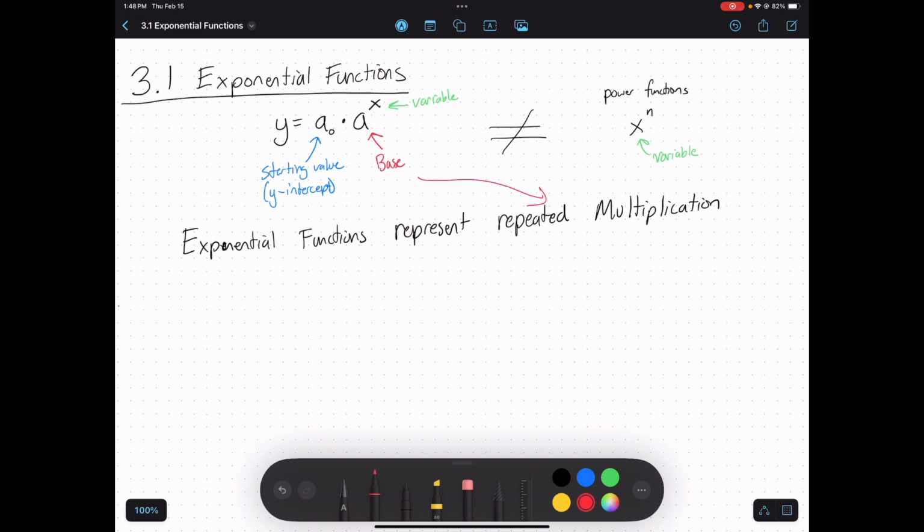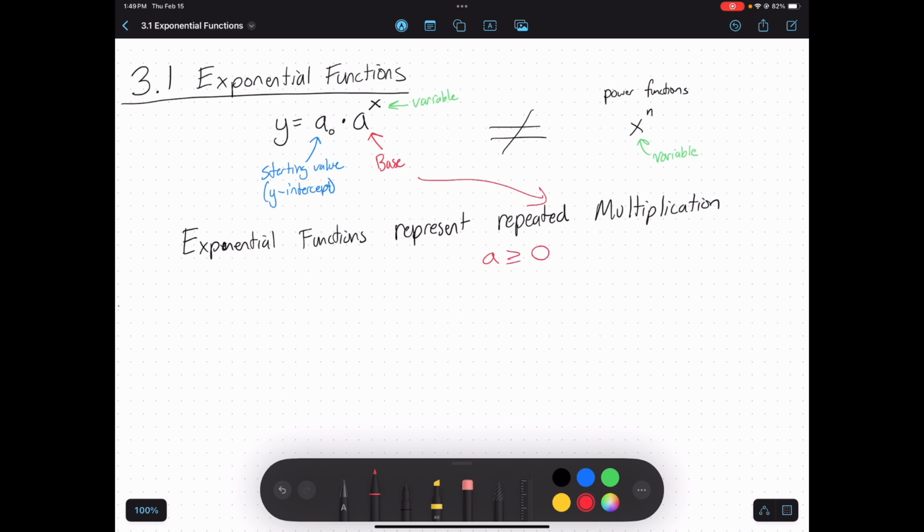And repeated multiplication turns into exponents. For that reason, we actually have some ground rules for my base. Okay? If I multiply by a negative value over and over again, your sign is going to constantly switch. And so we always say that a must be greater than or equal to 0.